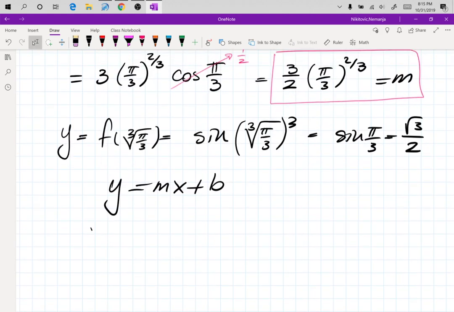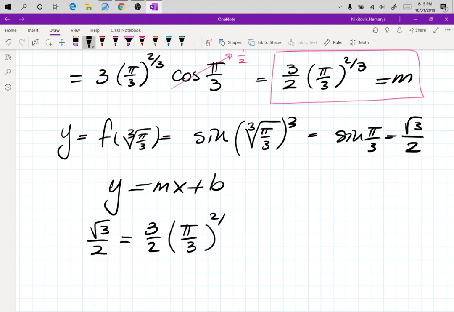Y is root 3 over 2. M is, no, 3/2 of pi over 3 to the 2/3 times x. X is the cube root of pi over 3 plus b.